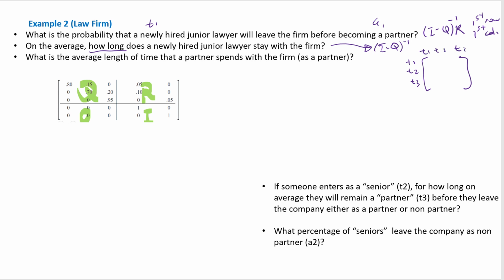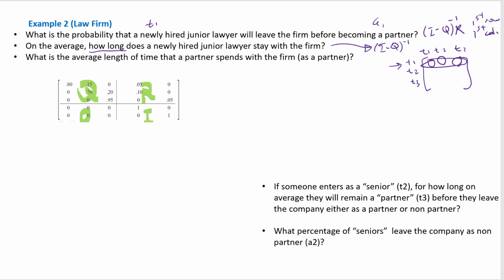If they're right now a junior, this number here tells you the expected number of years that they stay as a junior, the expected number of years that they will be a senior, and the expected number of years that they will stay as a partner. So the sum of those is the answer to this question. How long does a newly hired junior stay with the firm? It's the sum of those three.